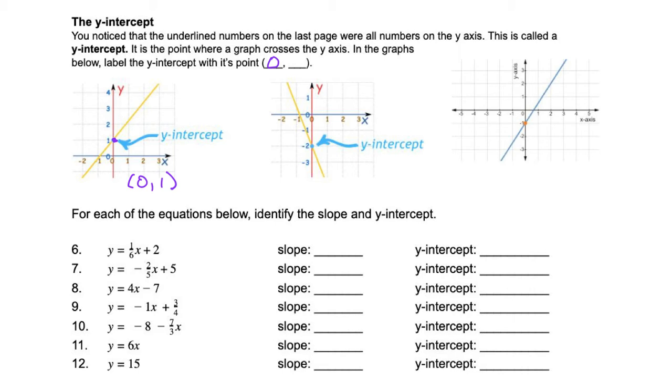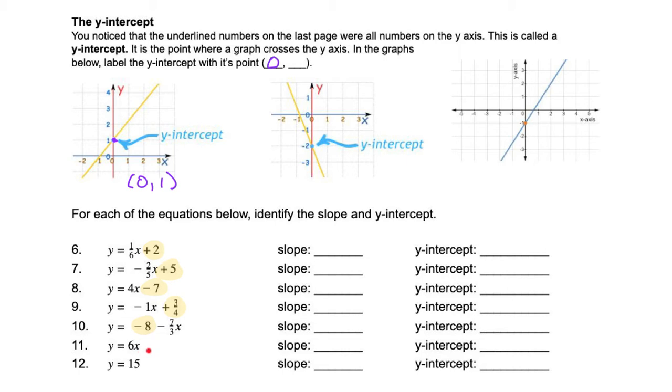The y-intercept is what is being added or subtracted to the variable. I see +2, +5, -7, +3/4. Here, my variable is over here. It's in the spot that we normally see what is being added or subtracted, or the y-intercept, but that y-intercept is actually right here.